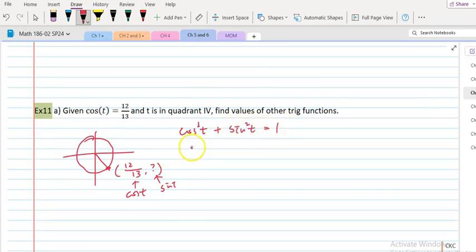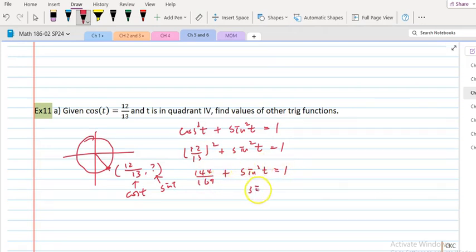Cosine squared t is 12 over 13 squared, plus sine squared t is equal to 1. So this is 144 over 169 plus sine squared t equals 1.